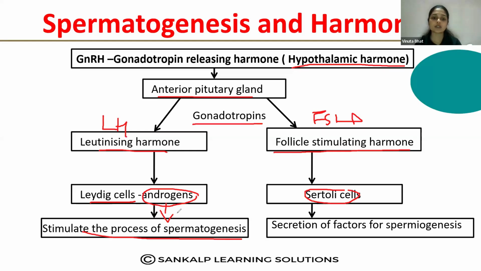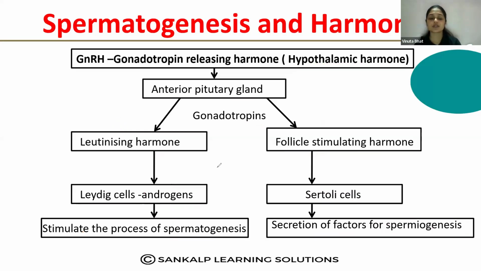The Sertoli cells secrete factors for spermiogenesis, which help in the release of the sperms from the seminiferous tubules. So luteinizing hormone and follicle stimulating hormone control and stimulate the process of spermatogenesis.